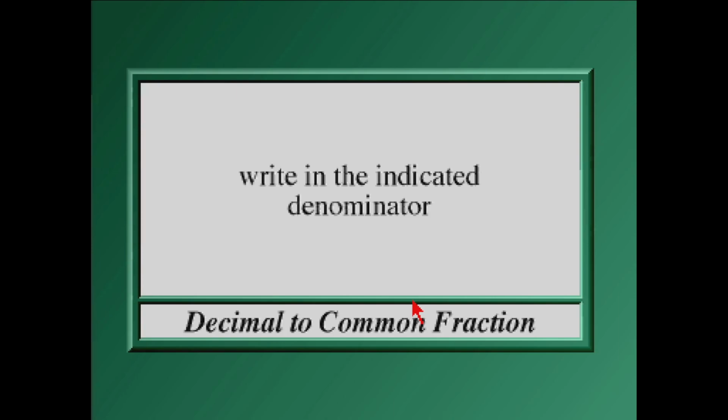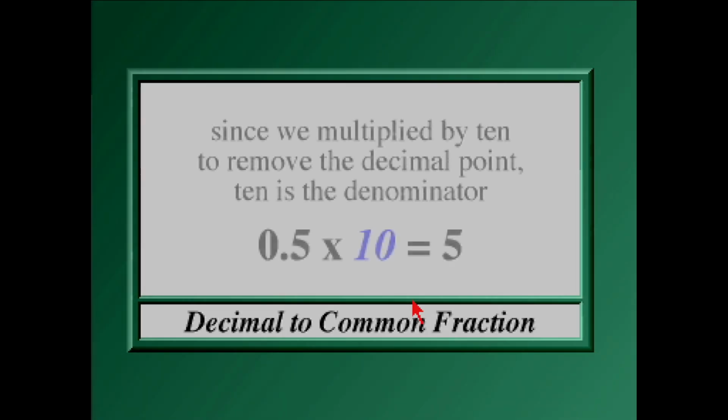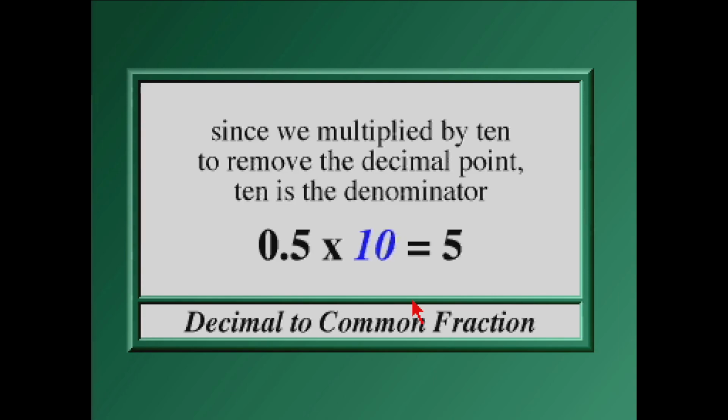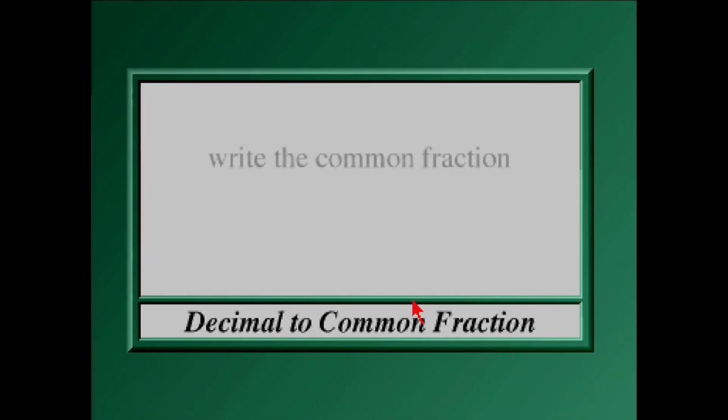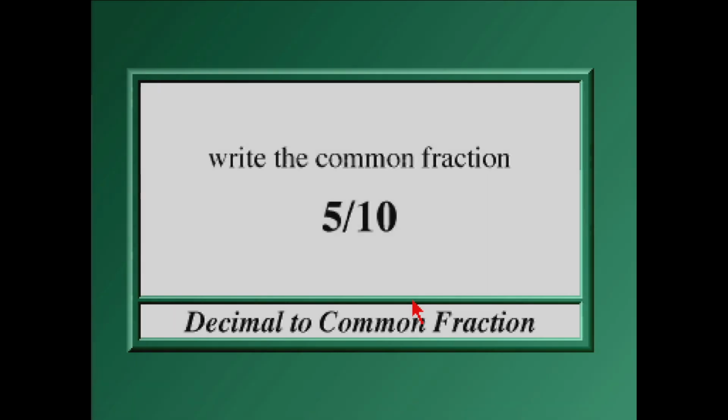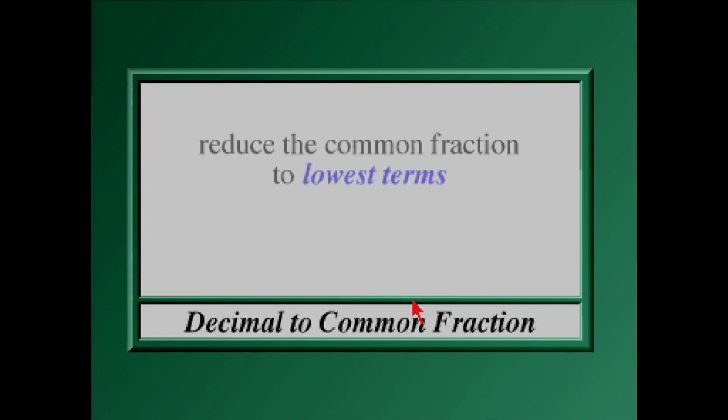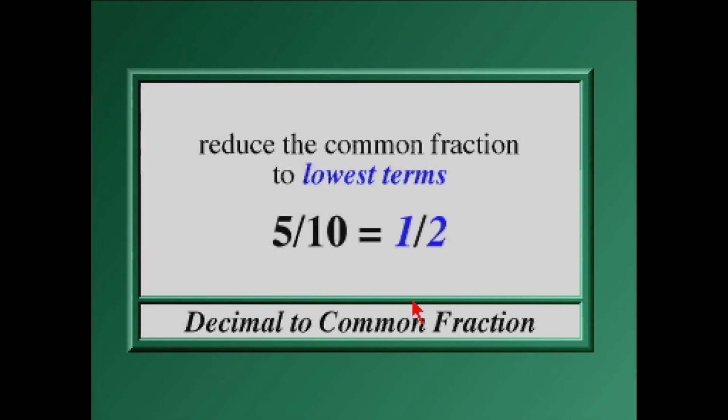This is step 2. Since we multiplied by 10 to remove the decimal point, 10 is the denominator. Write the common fraction. In this example, it is 5/10. For step 3, reduce the common fraction to lowest terms. In this example, 5/10 becomes 1/2.